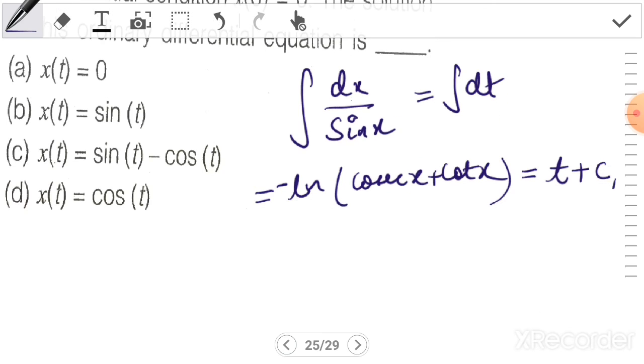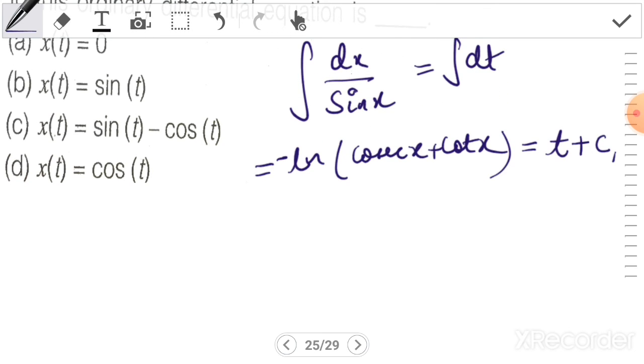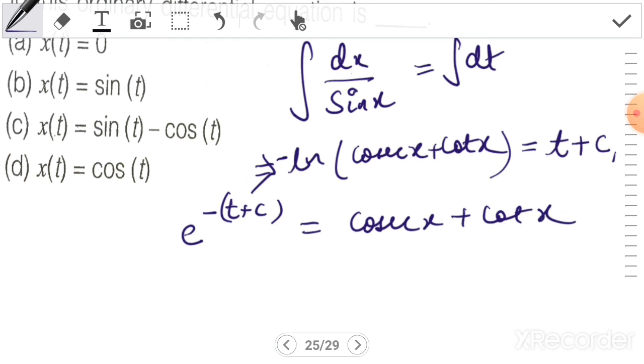Okay, now taking anti-log on both sides, we have e power minus t plus c is equal to cosec x plus cot x, right? So I took this minus sign here on the right hand side.